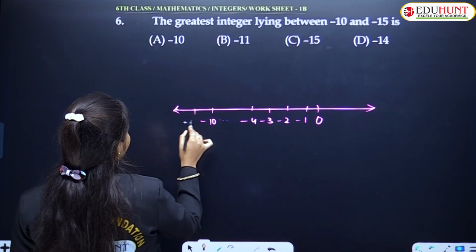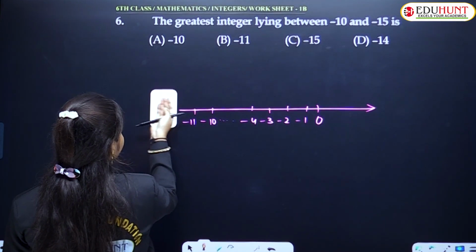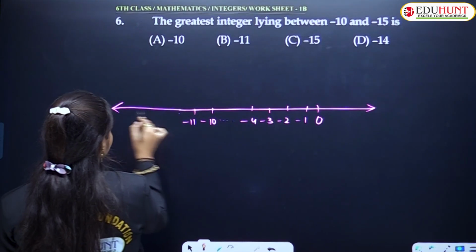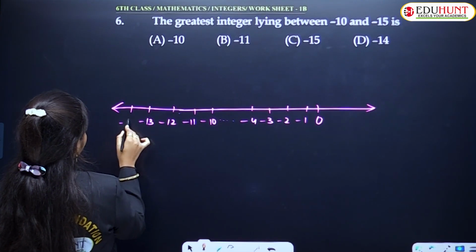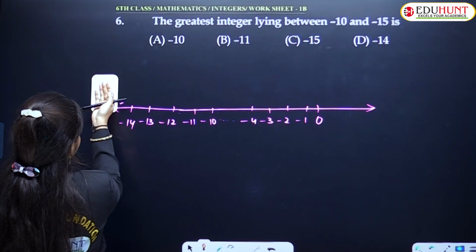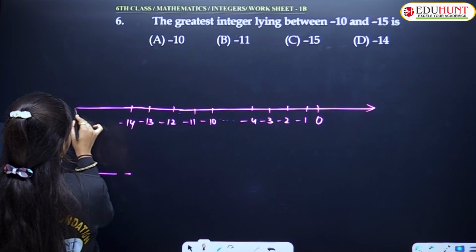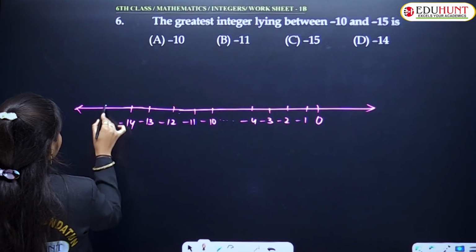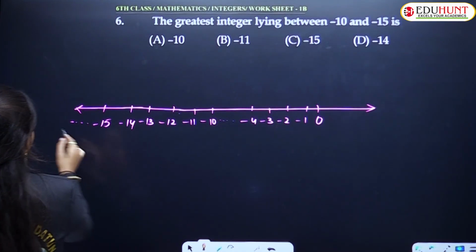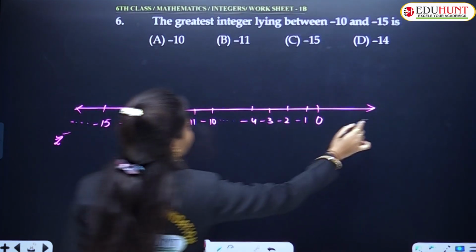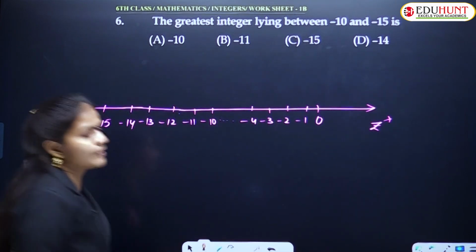Minus 10, minus 11, minus 12, minus 13, minus 14, minus 15 and so on. Okay, negative integers line, and this is the positive integers.